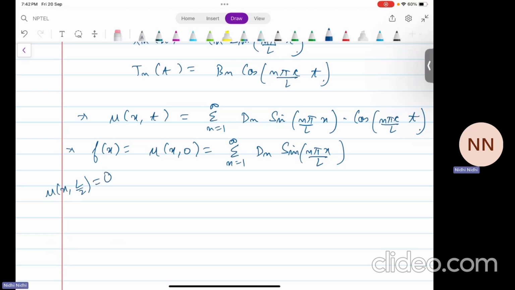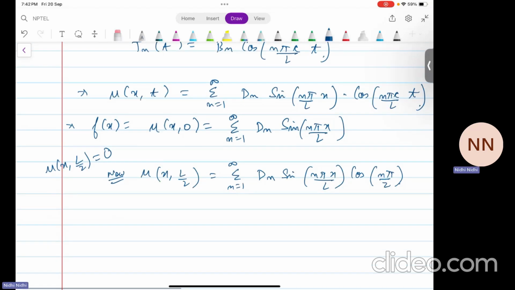Now we can see, what is u at L by 2? This is summation n from 1 to infinity d_n sine(n pi x by L) cos(n pi by 2). So we know that this will be 0 for when n is odd.